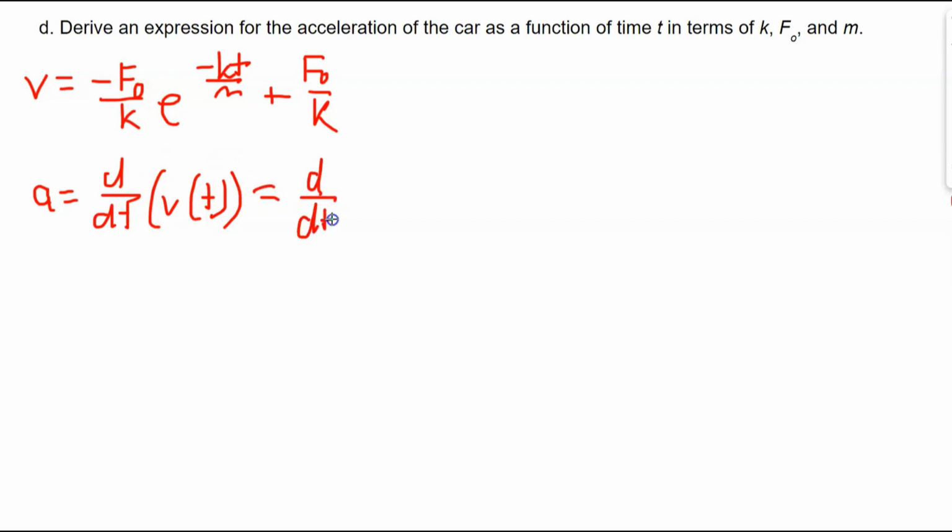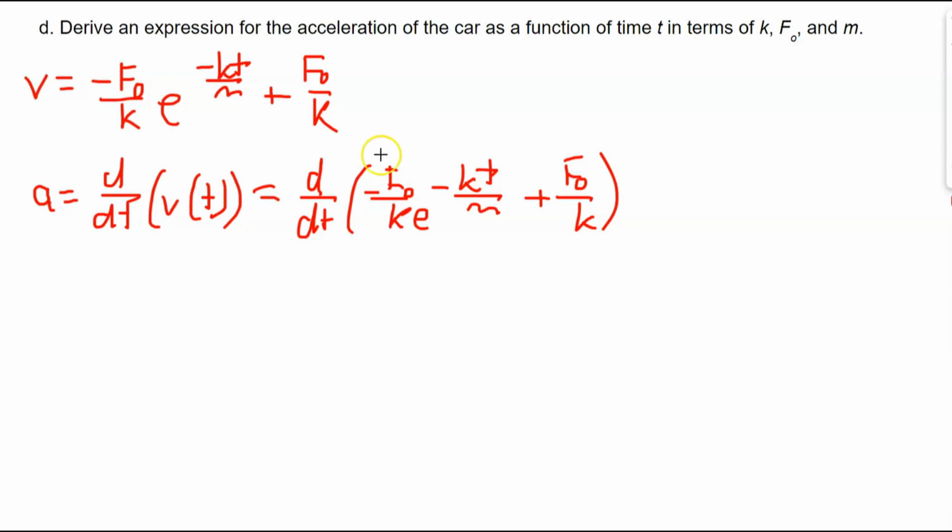So d dt of that whole expression. And then now we're just going to use our derivative rules in order to figure this out.